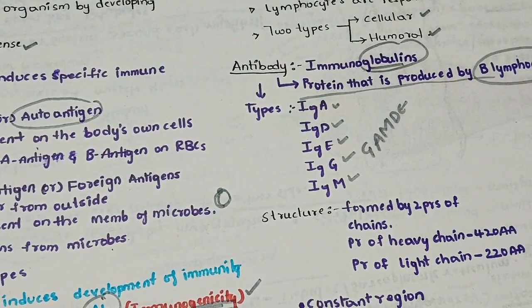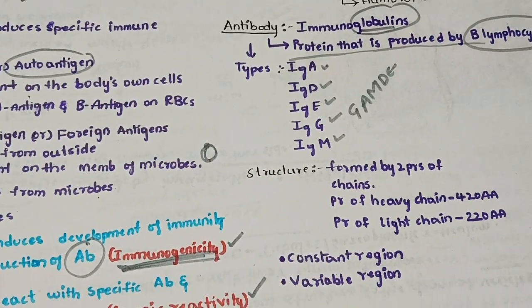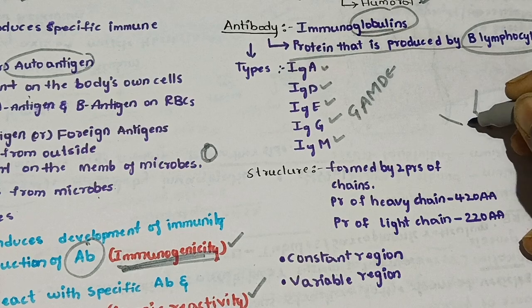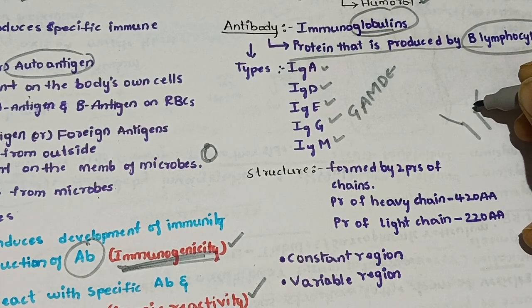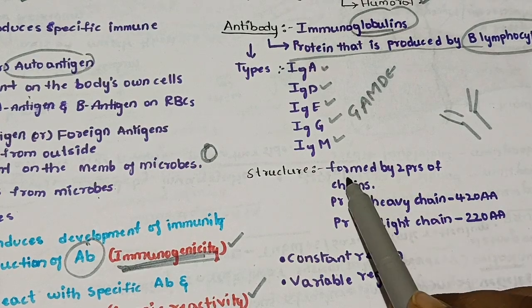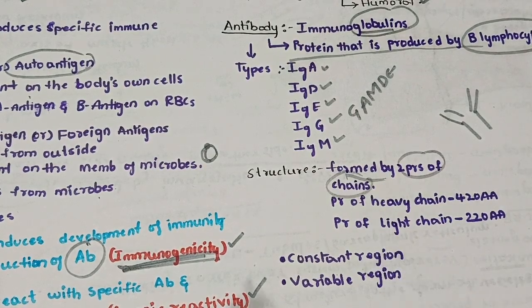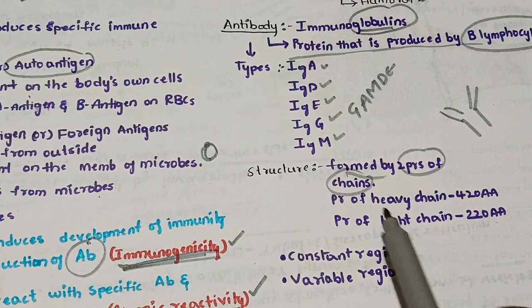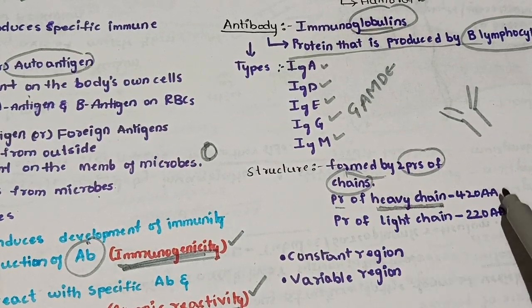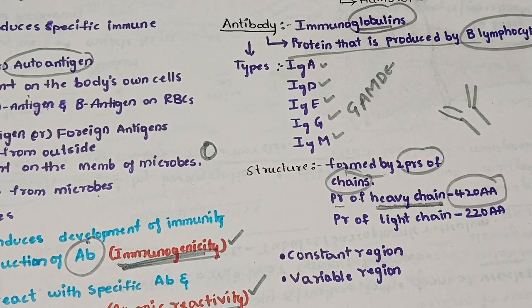Now, let's see the structure. What is the structure of an antibody? It contains two long chains and two short chains, formed by two pairs of chains. A pair of heavy chains contains 420 amino acids, whereas a pair of light chains contains 220 amino acids.